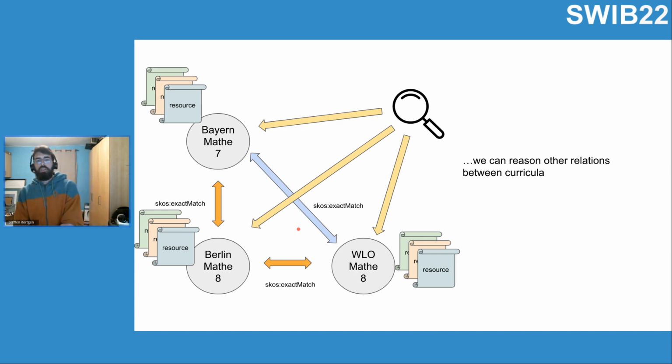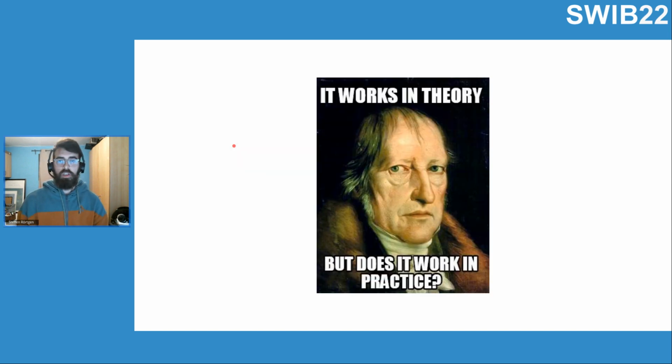So my idea is then basically this: if we have resources attached to curricular topics and we use SKOS exact match to link these topics, we will be able to find attached resources in different states. So if we just look and search then in one specific curricular topic.